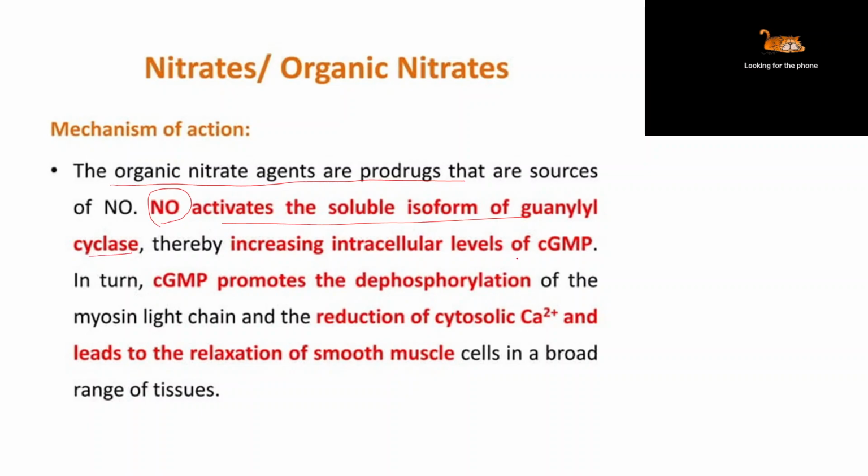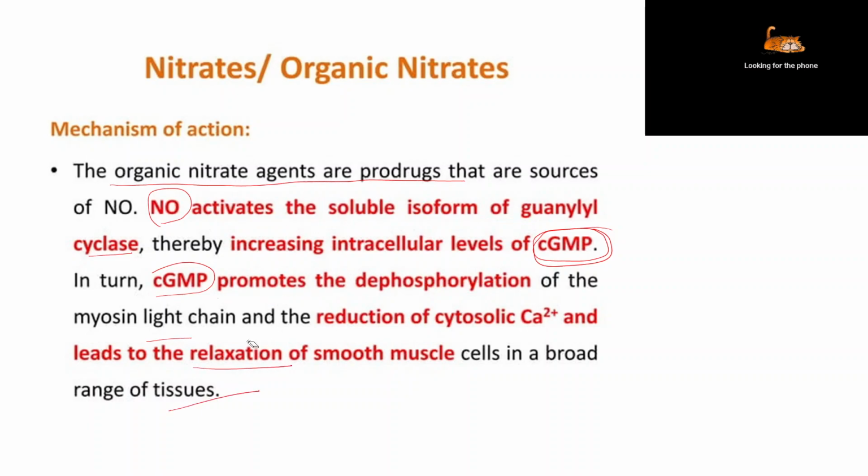This increases the formation of cGMP. cGMP is a secondary messenger which helps the relaxation of vascular smooth muscle, and the blood vessels become dilated. So always remember cGMP: it is a secondary messenger which helps relaxation of vascular smooth muscle and causes vasodilation.